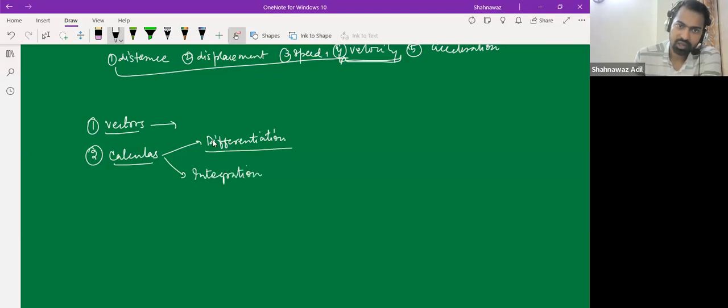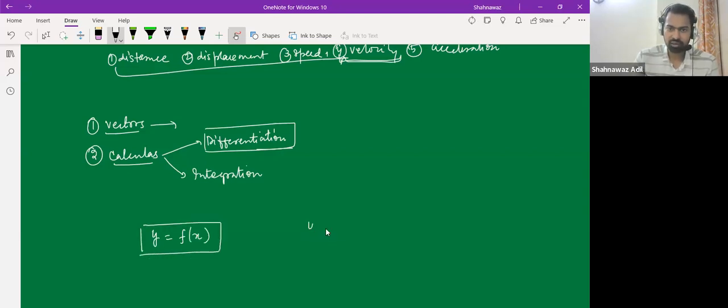So what is differentiation? Let's say that I have a function y which is dependent upon x, right? Let's say that y is equal to x square. If I take the value of x equals 0, my y is 0.